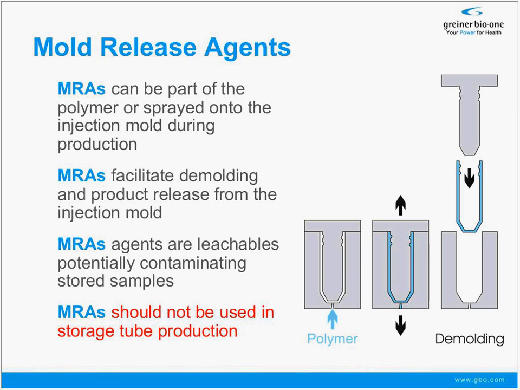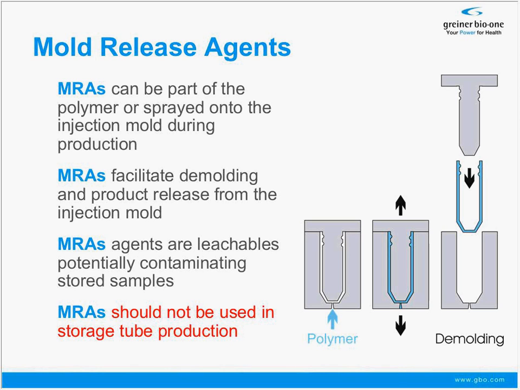A trick at this stage is to spray some lubricant or slippery substance onto the injection mold, or to use a raw material which has the slippery agent in its polymer structure. Both of these, either spraying onto the mold or having it intrinsically in the polymer, can help demolding and can make manufacturers' life much easier.